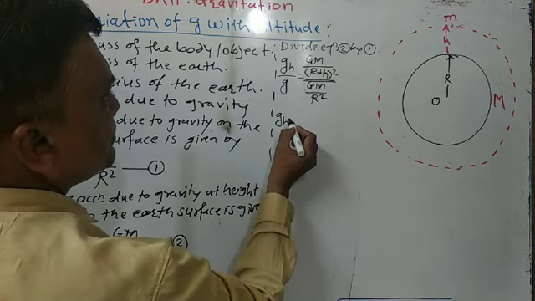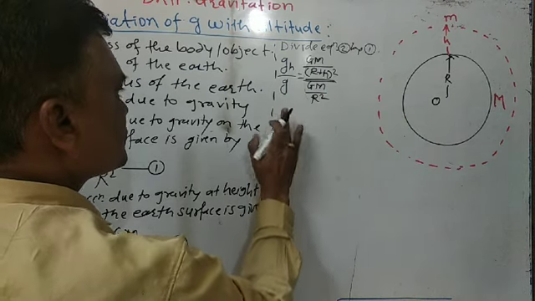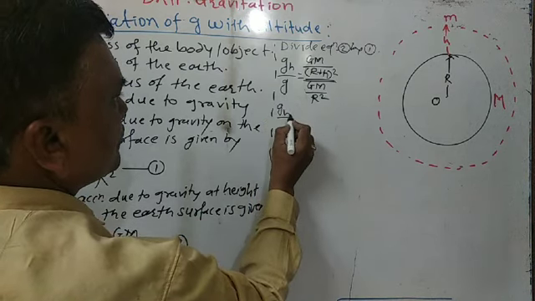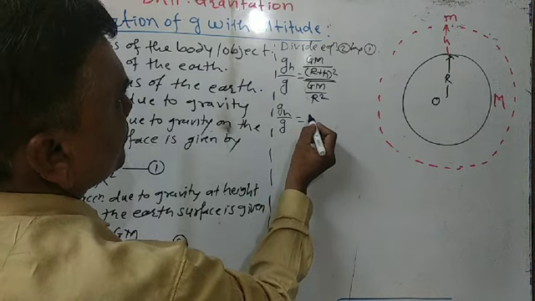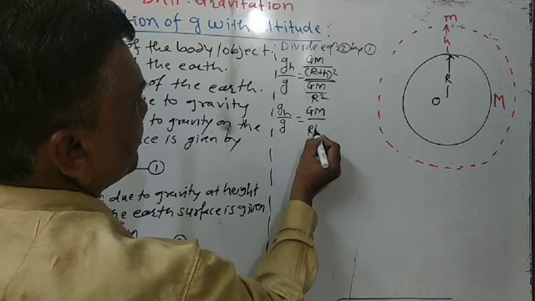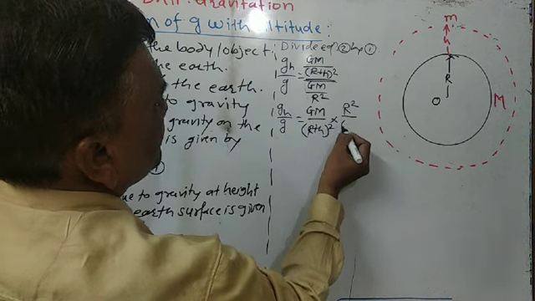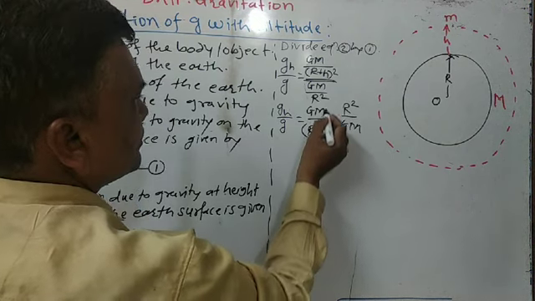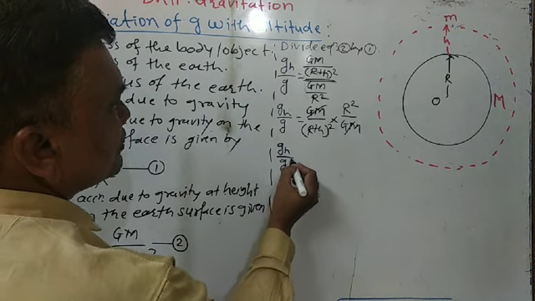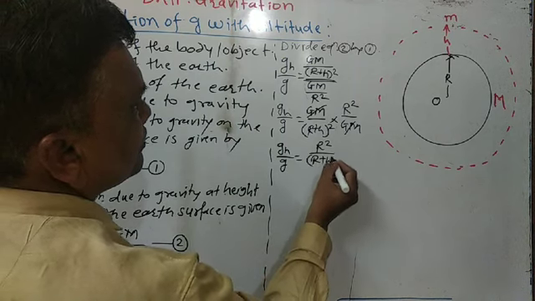Therefore, g_h upon g equals GM upon (R plus h) square into R square upon GM. This is cancelled. Therefore, g_h upon g equals R square upon (R plus h) square.